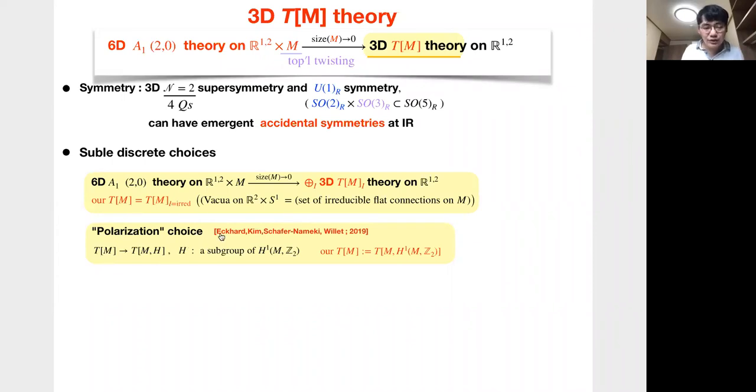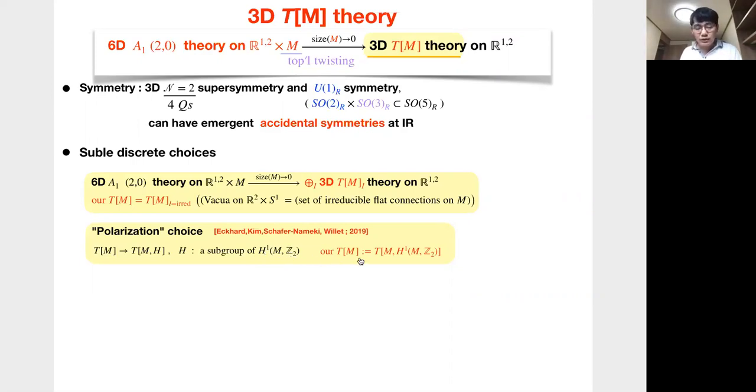According to this analysis, the polarization choices are related to the choice of a subgroup of the Z2 homology of the three-manifold. If this Z2 homology is trivial, then there is no discrete choice. But if it is non-trivial, there are discrete variants of this 3D theory labeled by the choice of H, which is a subgroup of this one.